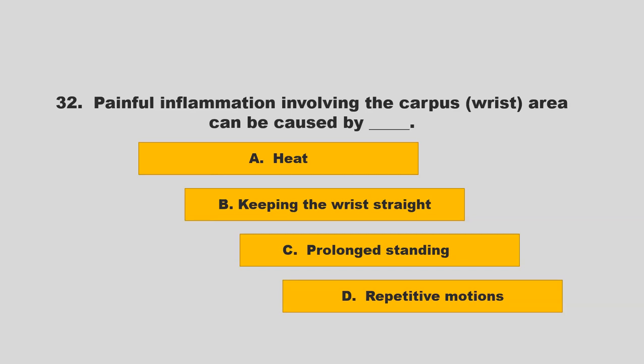Painful inflammation involving the carpus, wrist, area can be caused by heat, keeping the wrist straight, prolonged standing, repetitive motions. If you chose D, repetitive motions, you are correct.